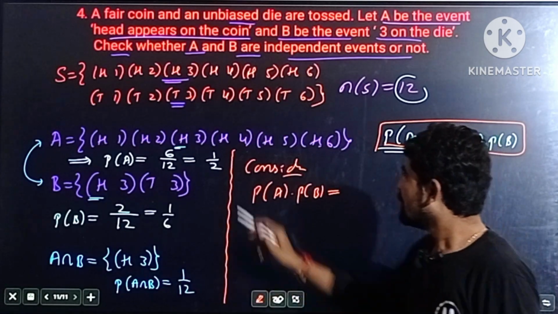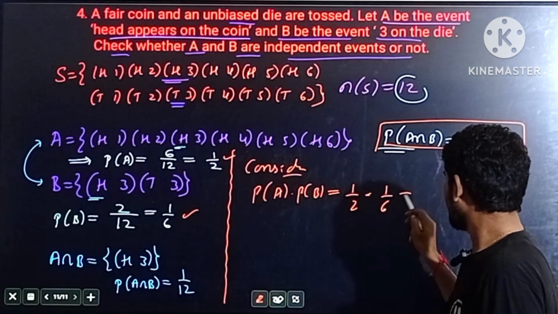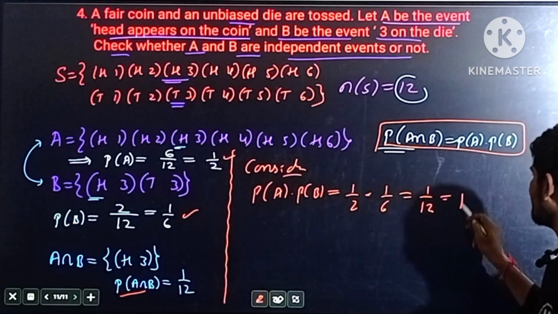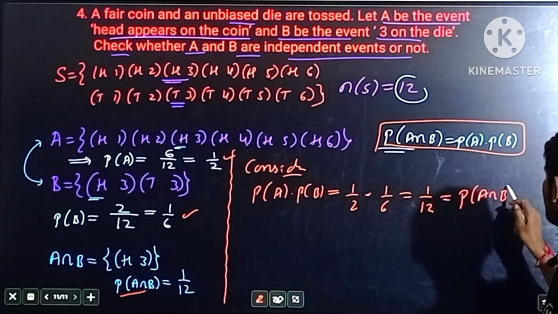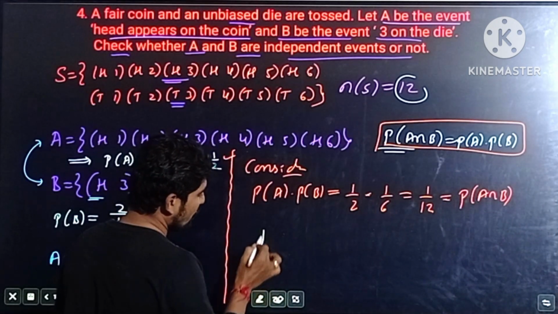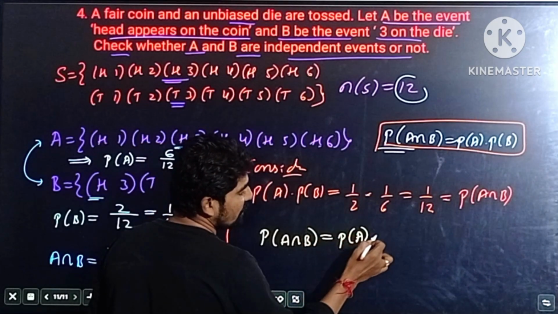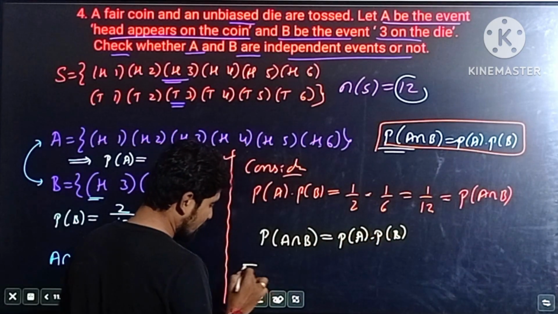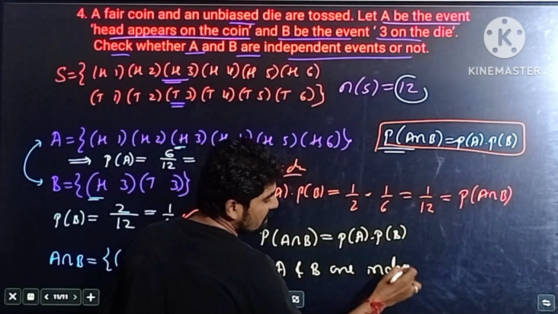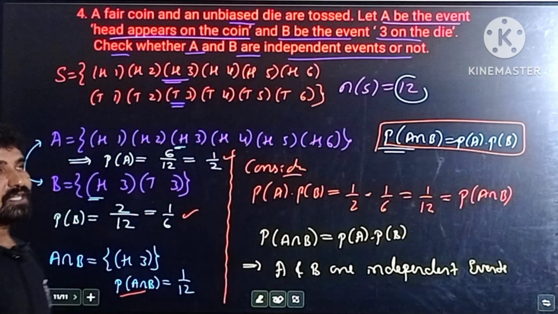The probability of A is 1 by 2, into the probability of B, 1 by 6, and 1 by 2 into 1 by 6 is 1 by 12, and 1 by 12 is the probability of A intersection B. Finally we got the probability of A intersection B equal to the probability of A into the probability of B, which implies events A and B are independent events. I hope all of you understood.